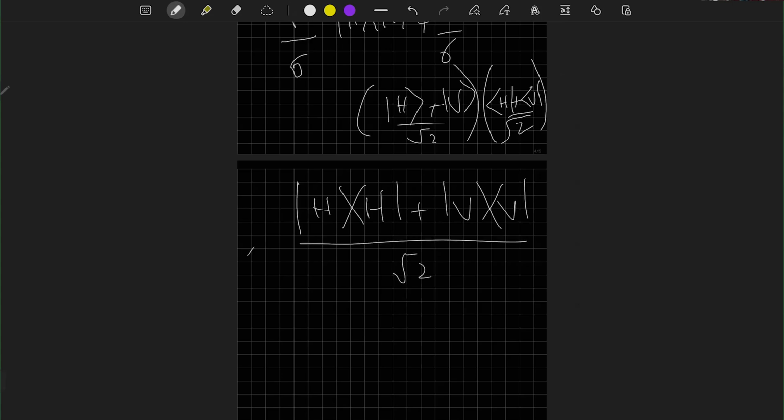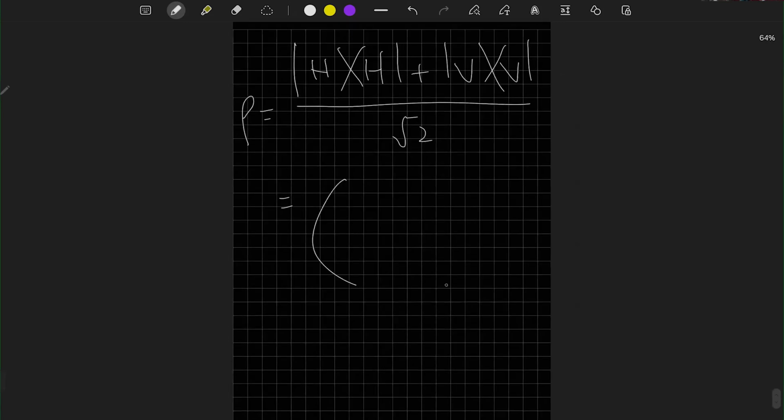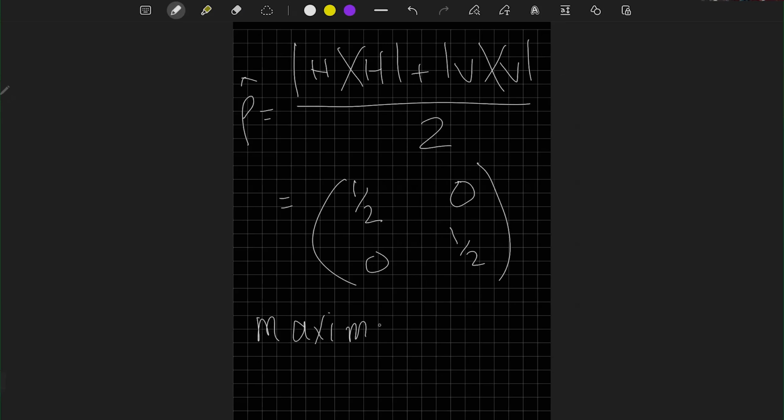And if I form the matrix for this, it is half, 0, 0, half. This is called a maximally mixed state. Maximally mixed.